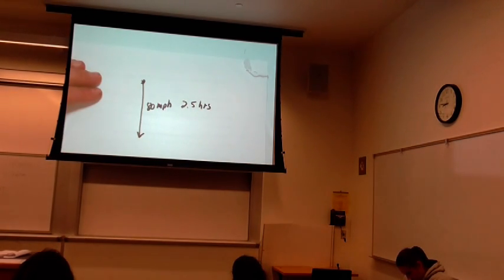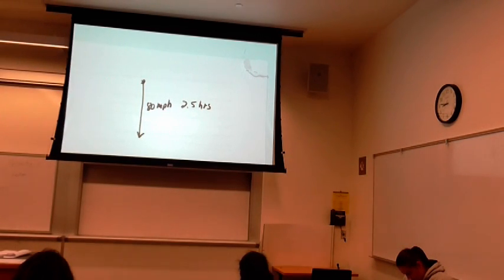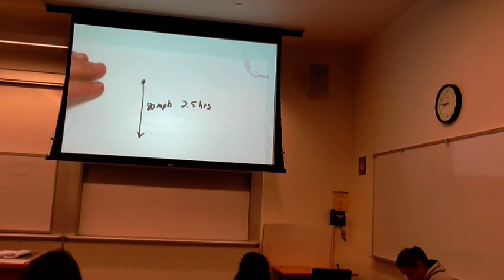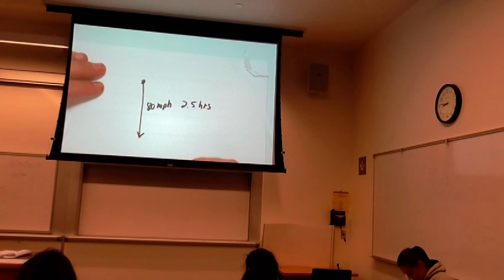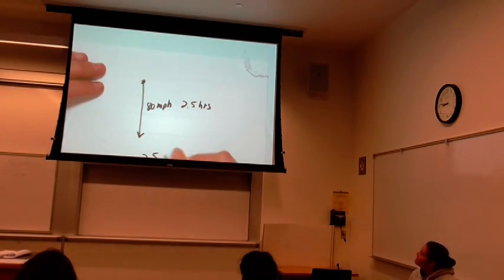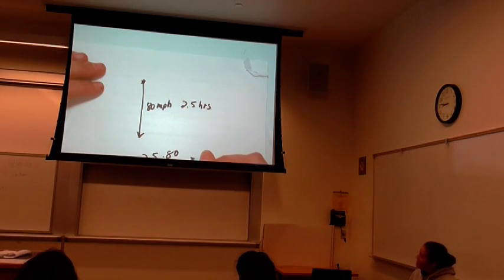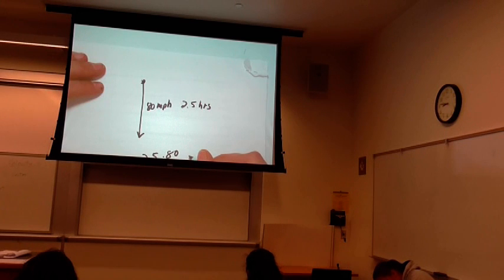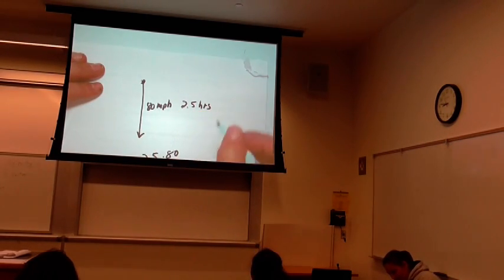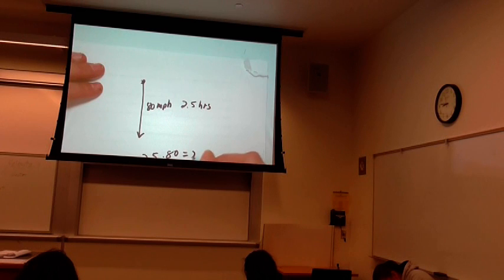So the distance it's going to travel, which is also a displacement vector, is going to be just 2.5 times 80 miles per hour, which is going to be equal to 200 miles.